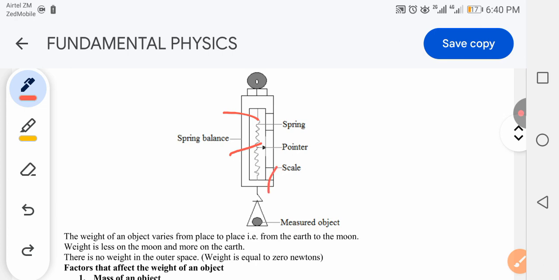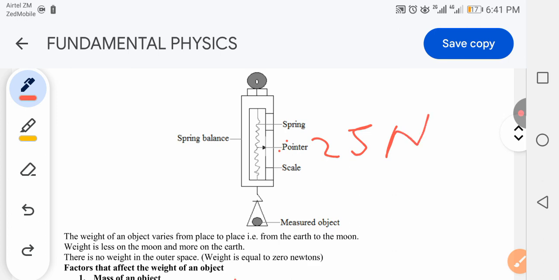So for instance, if you want to know the weight of this object down here, let's put in our own readings. Let's say where the pointer is, is 25 newtons. Remember, we said that weight is measured in what?